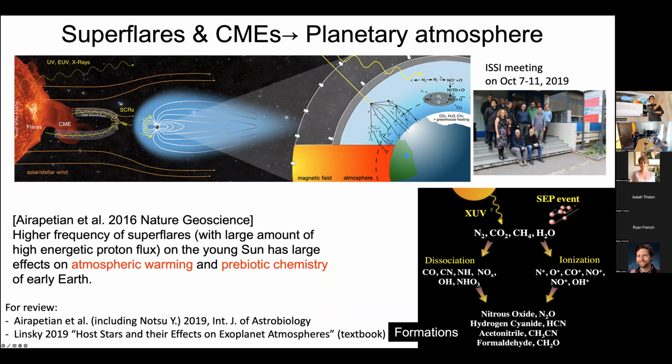Yeah, of course, the work on the Earth is an interesting point, but there are some systems, not Earth or Mars-like planets. Recently, some observations of exoplanets show atmosphere loss. The atmosphere is being lost, and the host is very active.